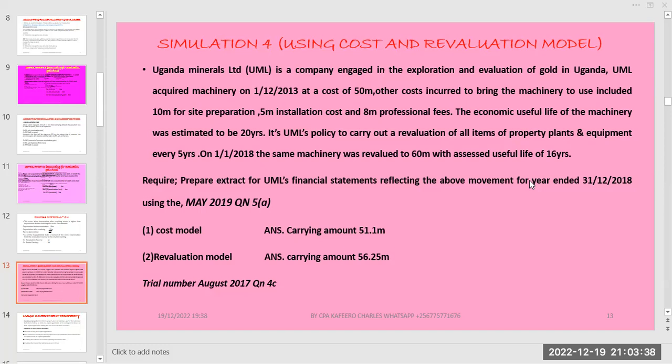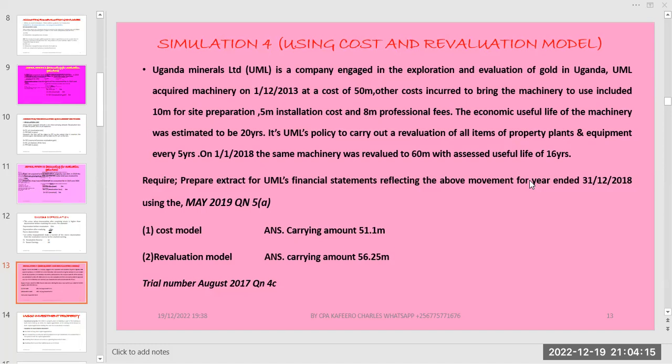We also looked at some of the exemptions. What are some of the things that are not supposed to be included within the cost of an asset that we are going to recognize initially? One of them is the pre-production or startup costs incurred to test whether the asset can meet normal production before the actual production begins.